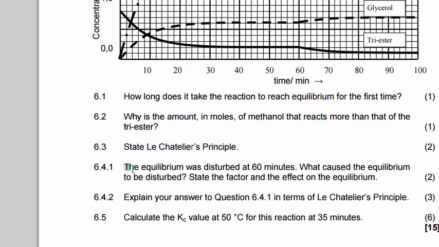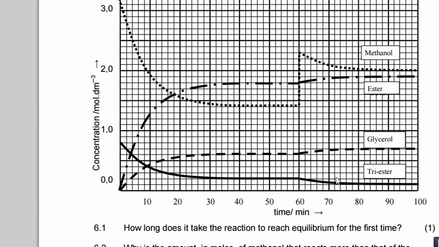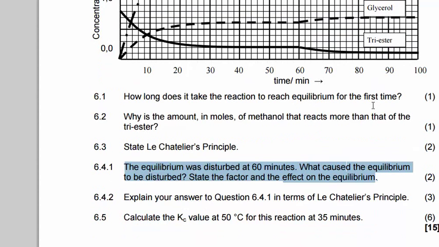Okay, Le Chatelier's principle, can do that. The equilibrium was disturbed at 60 minutes. So let's go to 60 minutes. Here something happens. What can you see changed visibly immediately? Methanol increased. Methanol all of a sudden increased. So what change was made? Just more methanol was added. Okay, what caused this disturbance?